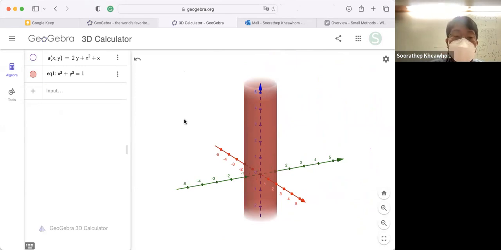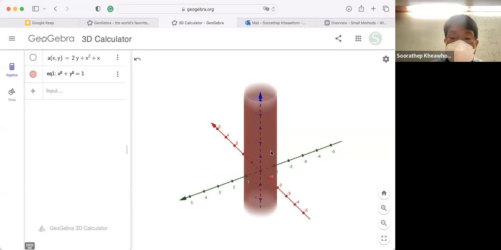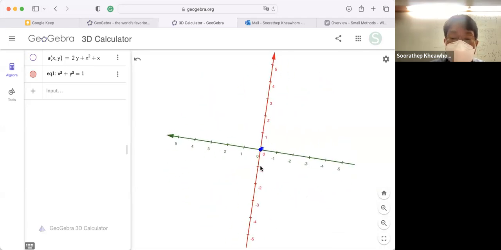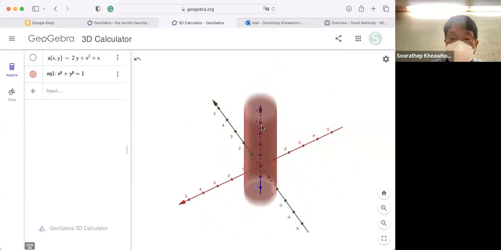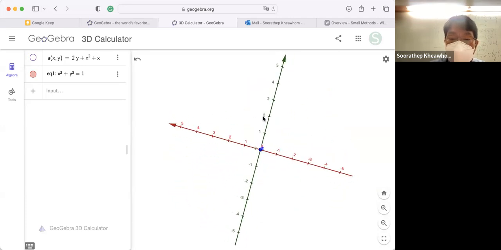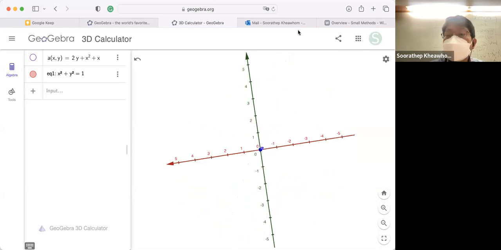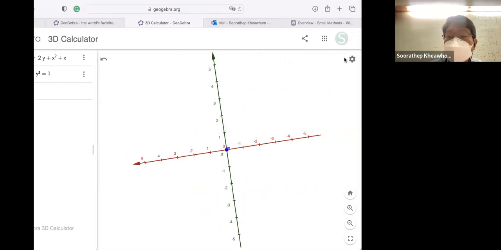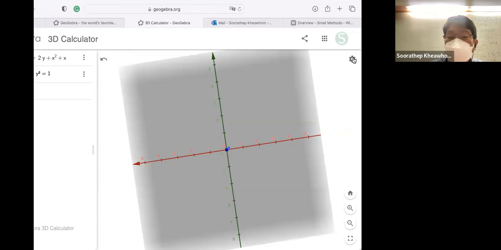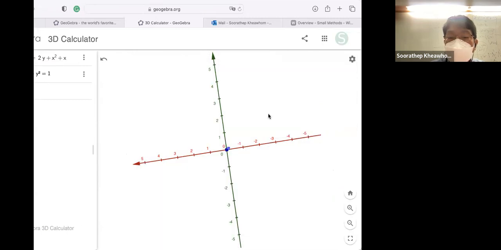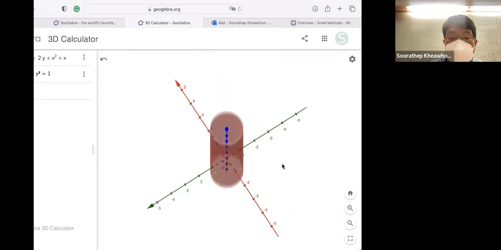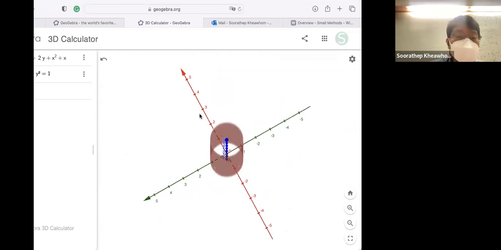Because it doesn't limit the z axis, if we plot it in 3 dimensions, we obtain a tube, something like this. It's a tube through this axis.